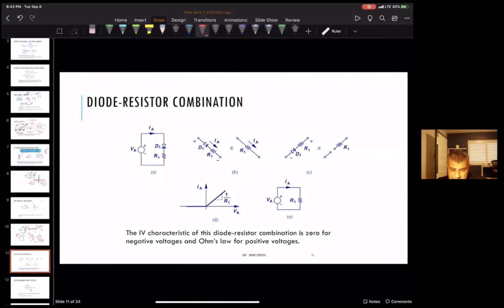So this is an example of how you would look at an ideal diode.